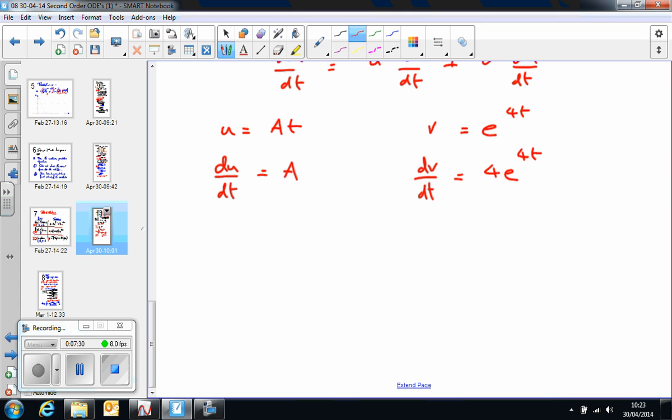So plugging them in, dx by dt equals u, which is at, times dv by dt, which is 4e to the 4t, plus v, which is e to the 4t, times du by dt, which is a.